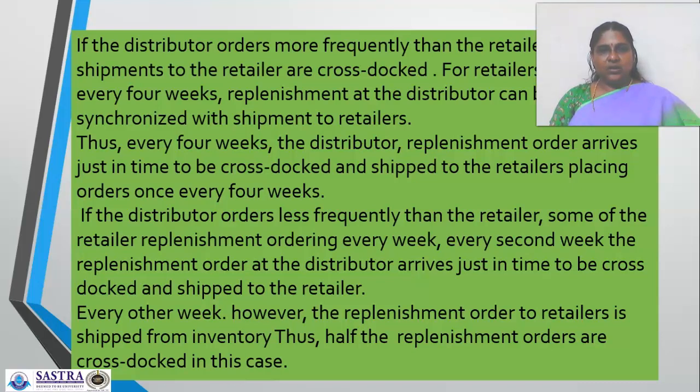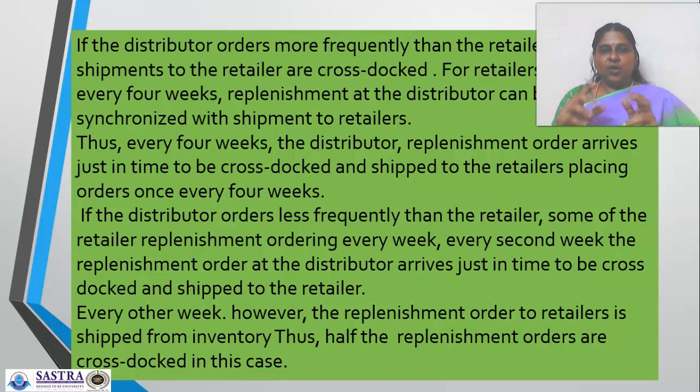For retailers ordering every 4 weeks, replenishments at the distributor can be synchronized with shipments to retailers. Thus, every 4 weeks, the distributor's replenishment order arrives just in time to be cross-docked and shipped to the retailers placing orders once every 4 weeks.